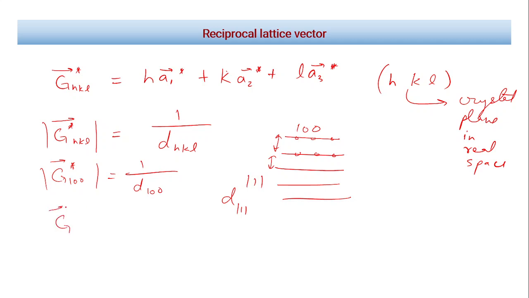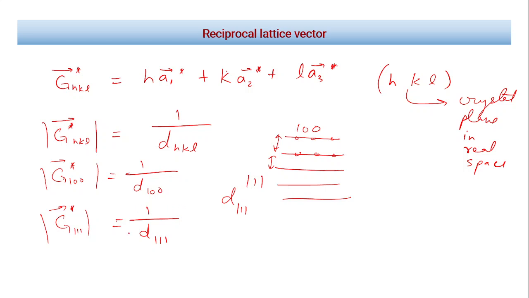Similarly, the magnitude of the reciprocal lattice vector corresponding to the 111 plane will be the inverse of the interplanar distance between 111 planes. So this is how they are related. This is the magnitude of the reciprocal lattice vector for a particular hkl plane in real space.